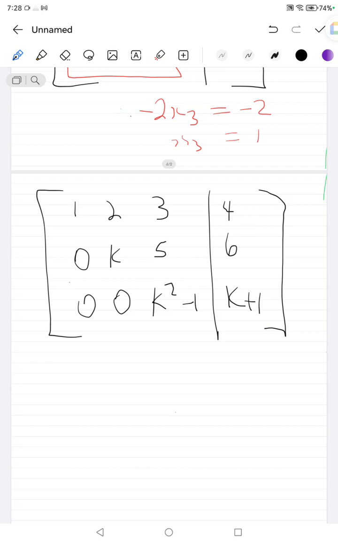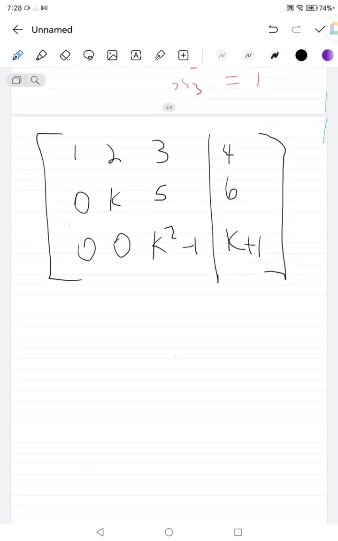Then the question was saying the system is inconsistent if, like it was some sort of MCQ question. In your A they've given you plus or minus 1, your B they've given you minus 1, then your C, I can't even see this.